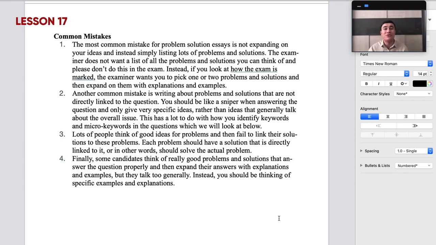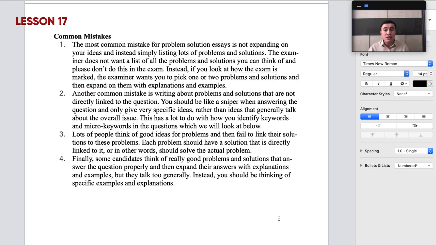It doesn't have to do anything with the number of problems and solutions you're offering, but instead focus on one or two problems and solutions and expand on them. Try to explain them in a more detailed way.